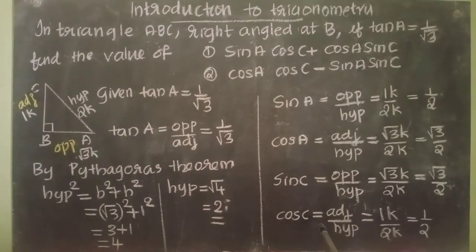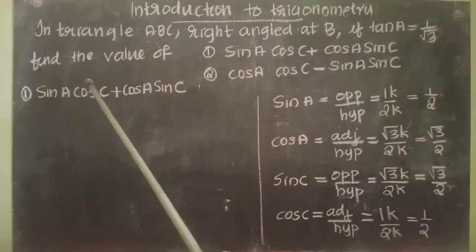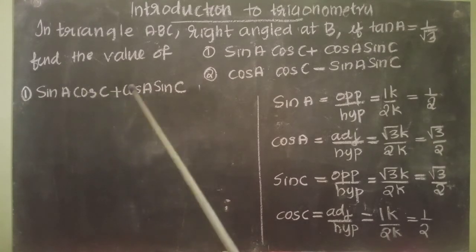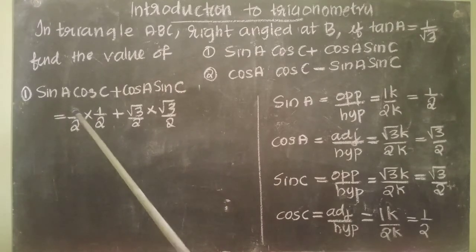Cos C equal to adjacent side by hypotenuse, that is equal to 1k by 2k, that is equal to 1 by 2.